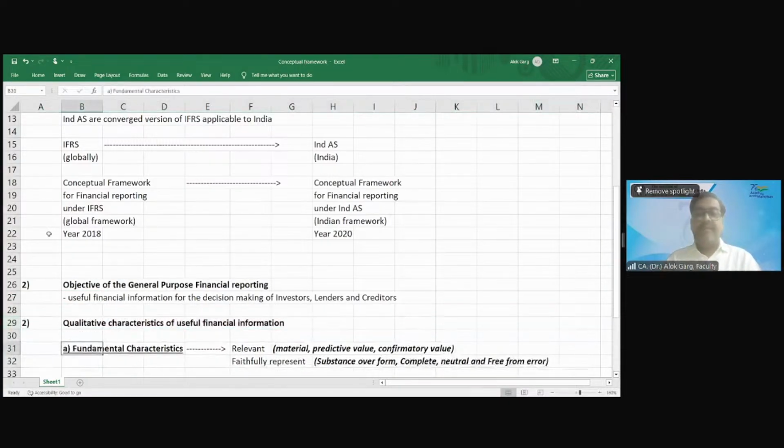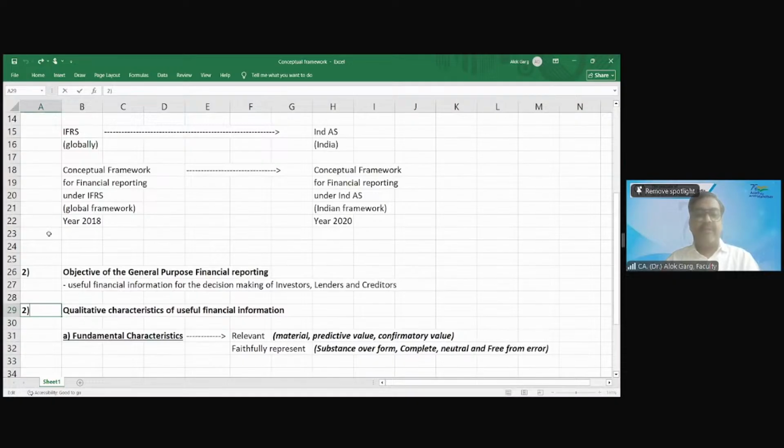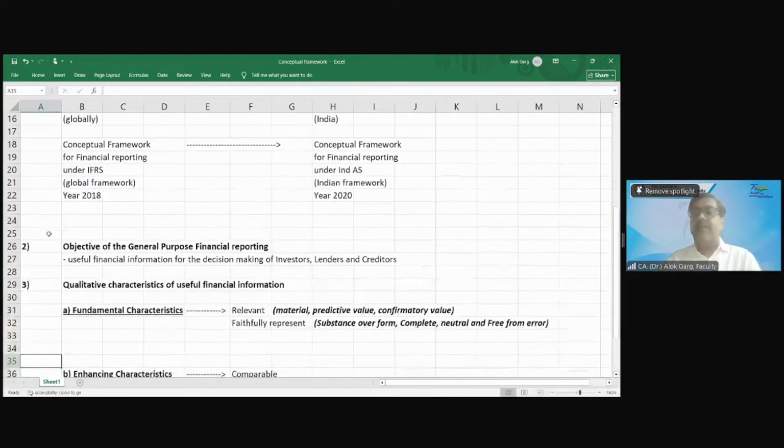Then, number 3, it provides qualitative characteristics: fundamental characteristics and enhancing characteristics.